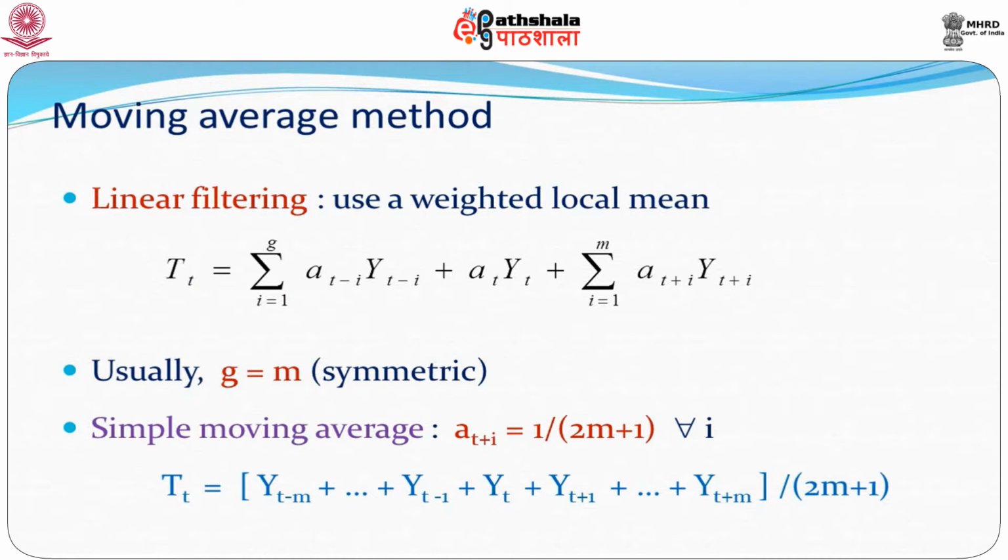So, there is a total of 2m plus 1 values. So, this sum is divided by 2m plus 1 to get a representative value of Tt. You can see that when you average this out, all the fluctuations that you have in the adjacent values of Yt are actually erased out.